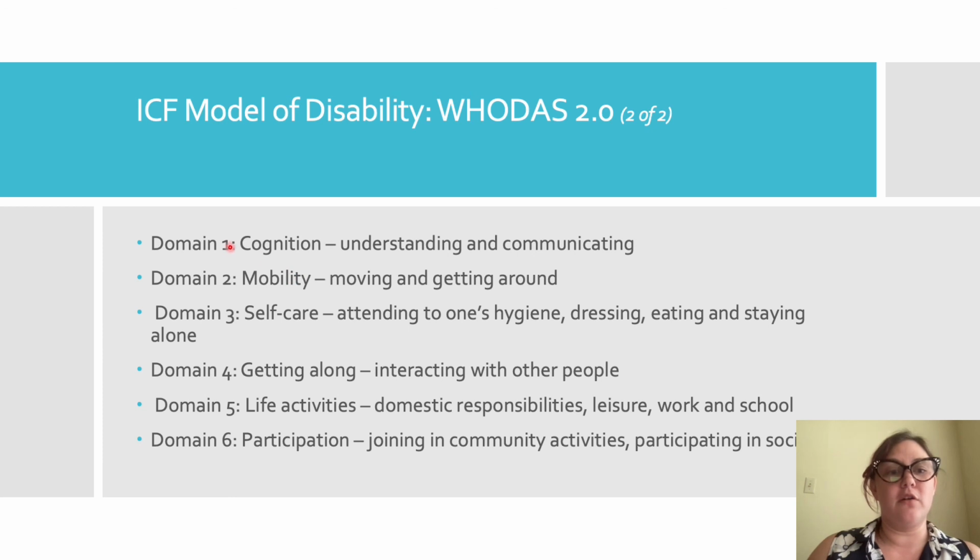We learn more about cognition, about mobility, getting around, self-care, so hygiene, dressing, eating, safety, being independent, getting along or interacting with other people, life activities, so being able to keep up their house, to engage in leisure activities, to work and go to school. And then participation, so being able to join activities and actually participate in those activities.